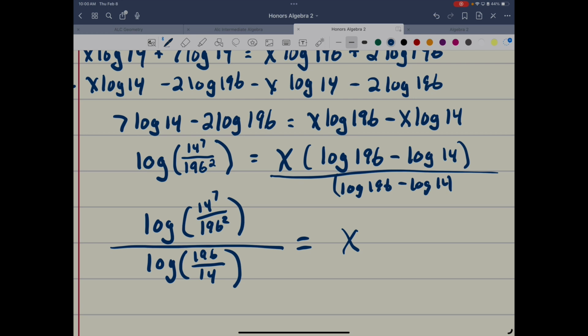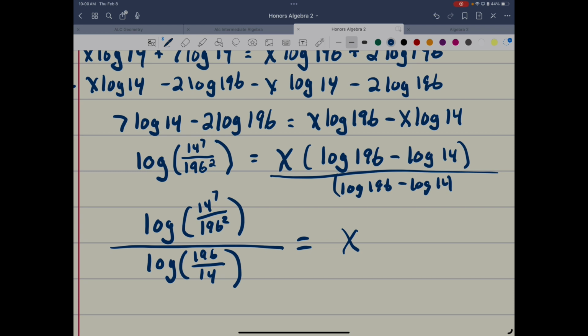So calculators, this works on your calculators. You gotta be careful that this works. Hit log. If we did this all right, it works. So you gotta go log 14 caret 7, I'm hoping this works, divided by 196 squared.